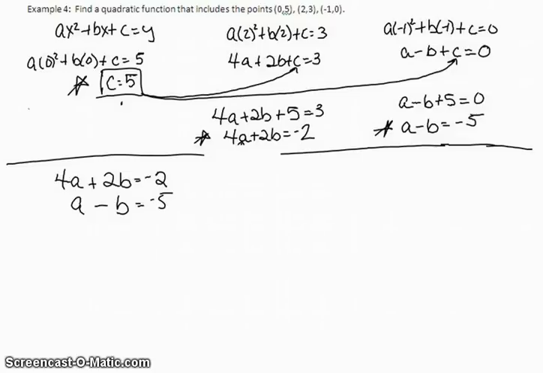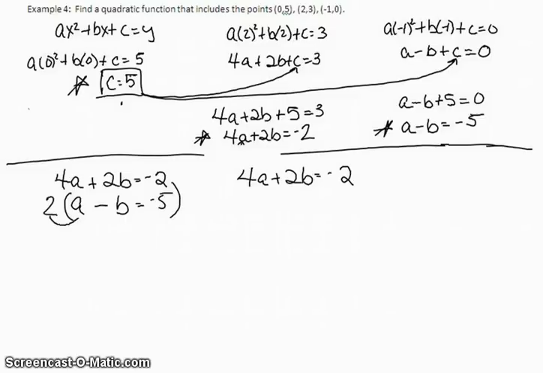Once again, I want to look at my a's or my b's and see if one is easier to eliminate than the other. Seems to me that if I multiply the bottom equation by 2, my b's will drop out. So my top equation, nothing has changed, so I have 4a plus 2b equals negative 2.